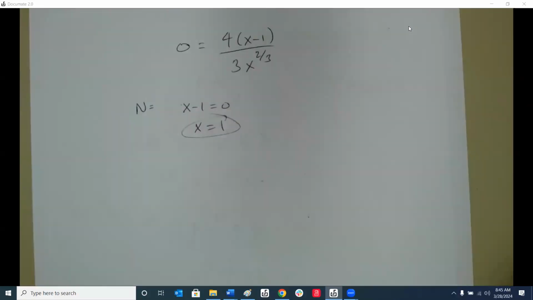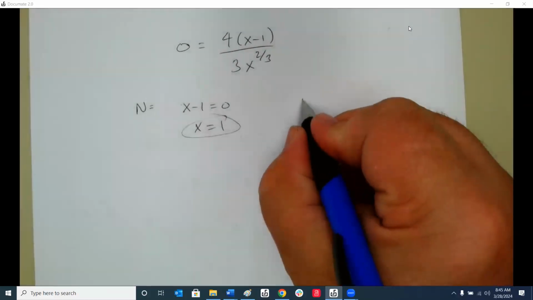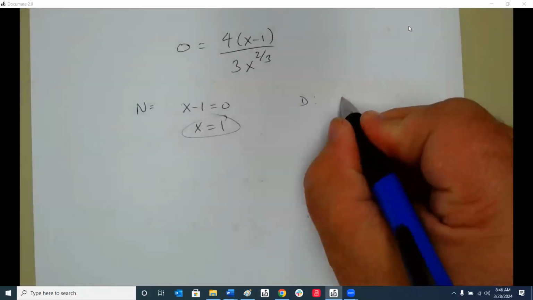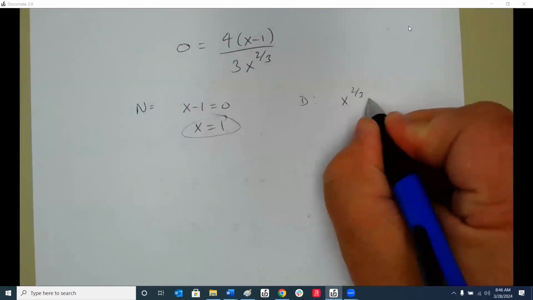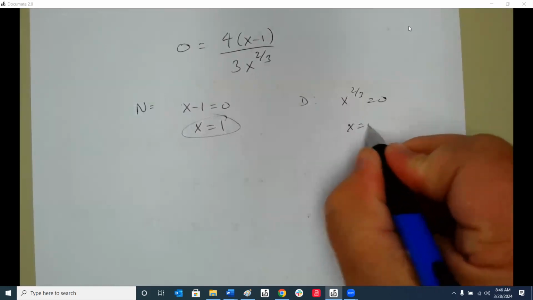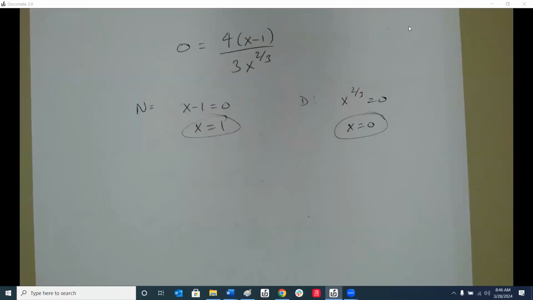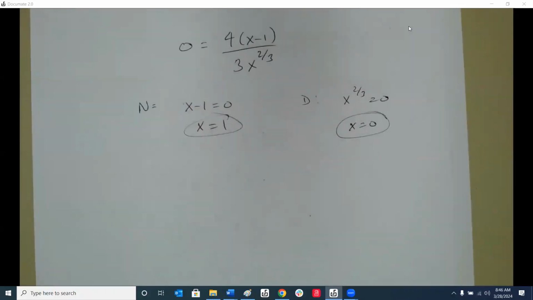That's one of our critical values. The denominator, x to the 2/3 is equal to 0 when x is equal to 0. So these are our two critical values, but we cannot use 0 in our final answer. That's why our intervals are also parentheses.